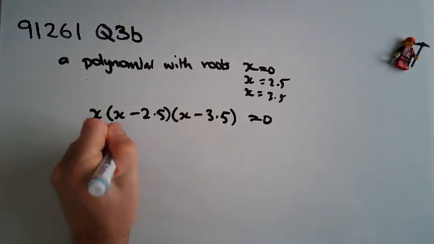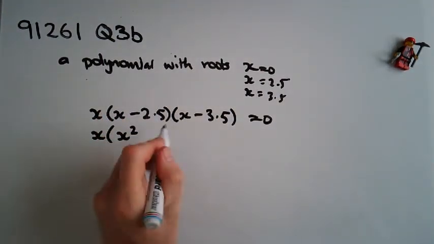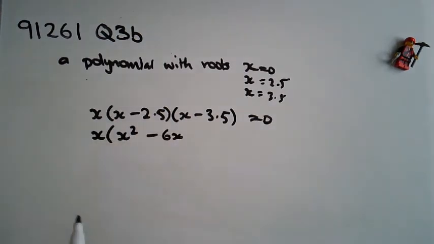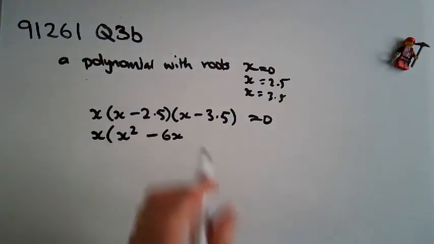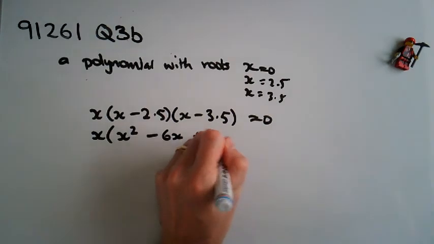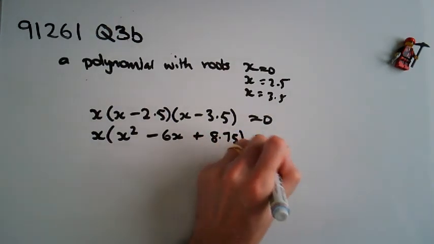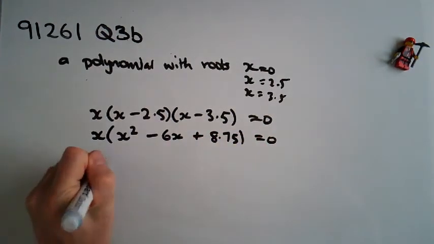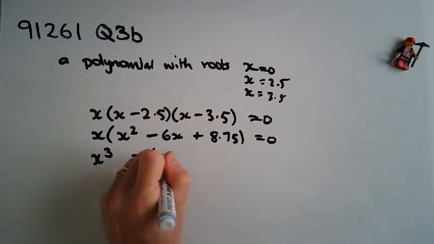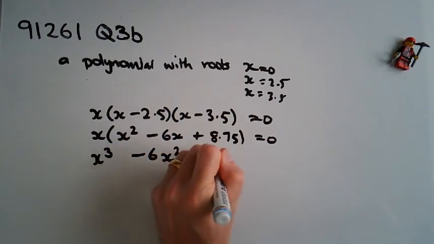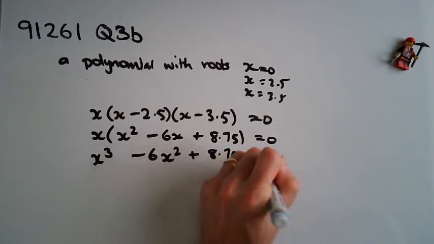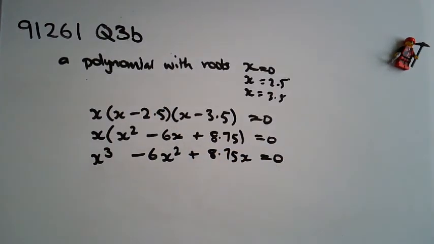Expanding out that quadratic term, we get x squared minus 6x plus 8.75 equals 0, which expands out to x cubed minus 6x squared plus 8.75x equals 0. That's a polynomial that has the right roots, but it doesn't have the right coefficients because the polynomial we've been given is 4 times bigger than that.